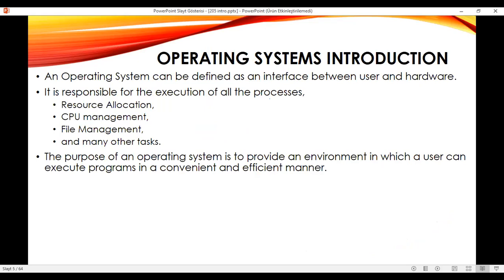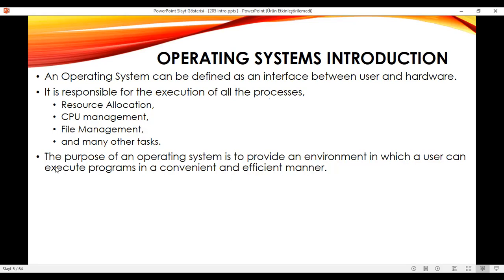So the operating system is responsible for resource allocation, CPU management, file management, and many other tasks. Responsibility and functions are very close, or when you say a responsibility, it should be a kind of function to do it.